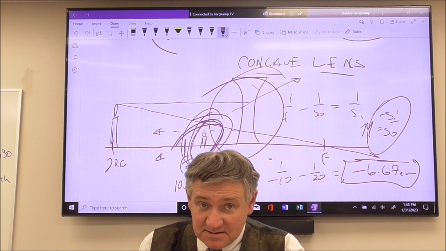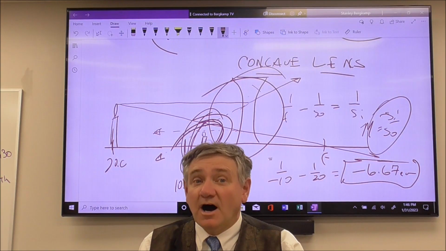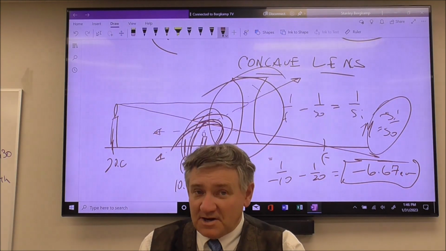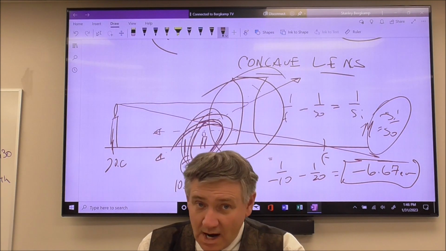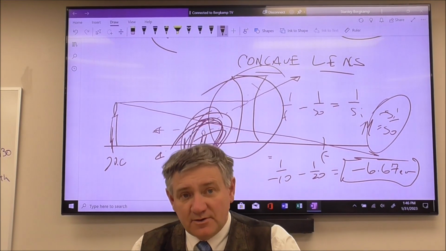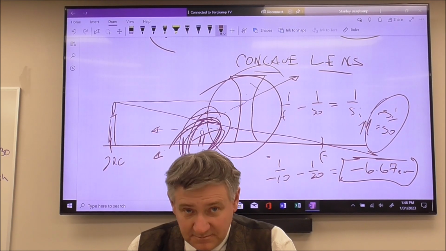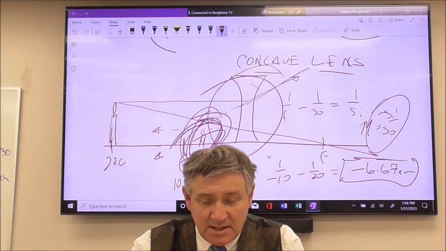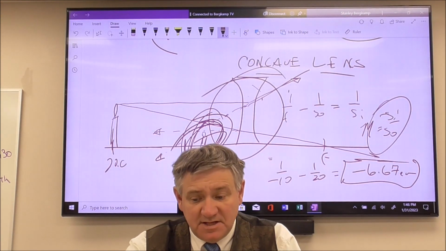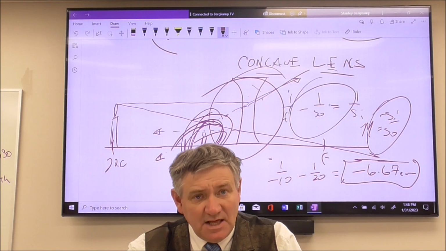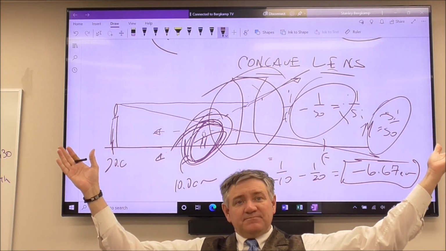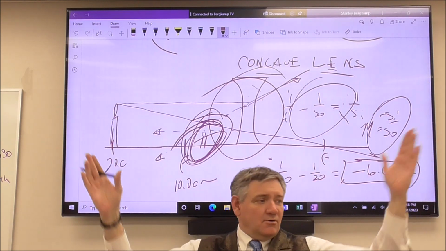On a concave lens, not a concave mirror, there's only one option: one virtual option only. You're going to make an upright virtual image. The only way that can happen is if the light hits this lens, and part of that gets refracted back. This is why you can't see anything on this side, because that light is getting spread out.